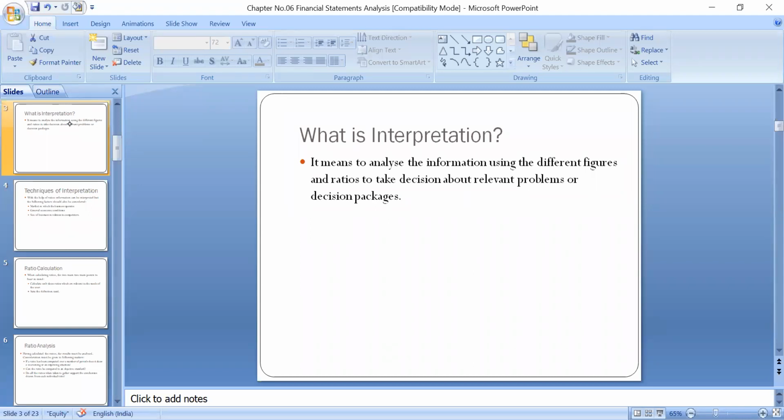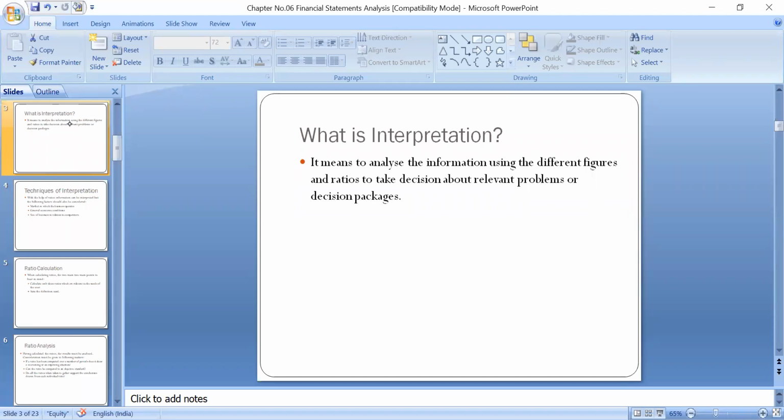These ratios will be used to evaluate the financial performance and financial position of an organization, whether the company is going into profit or losses, and what will be the future of this organization.